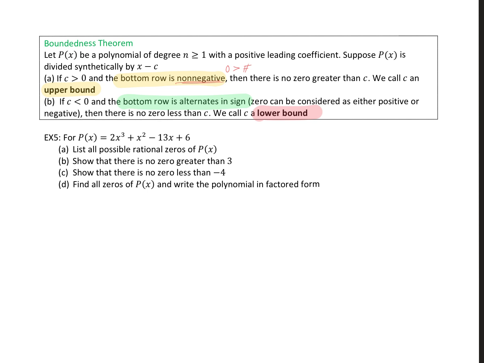So for example 5, we have p of x equals 2x cubed plus x squared minus 13x plus 6. First, we have to list all the possible rational zeros of p of x. So again, to find all the possible rational zeros, first we want to find p and q. So p is going to be this value, and q is going to be that value.